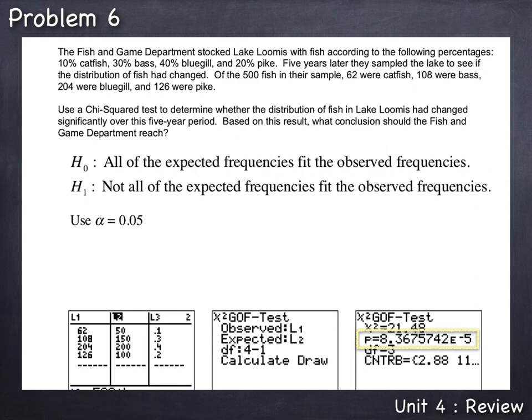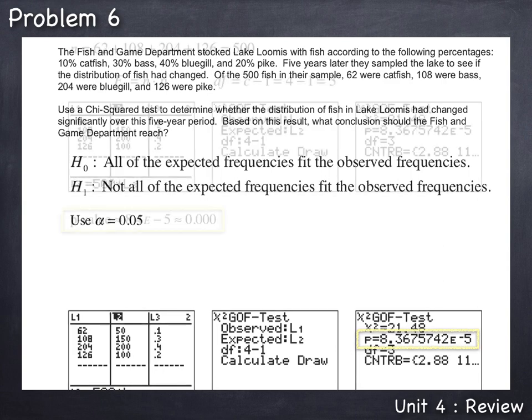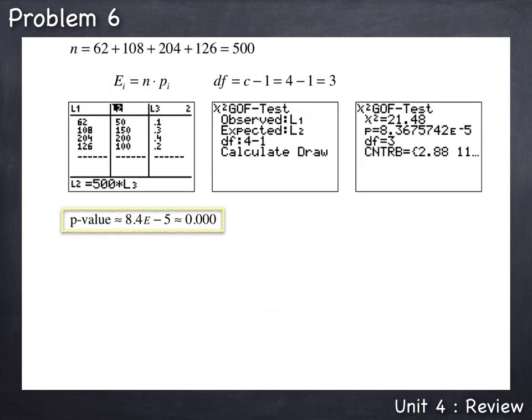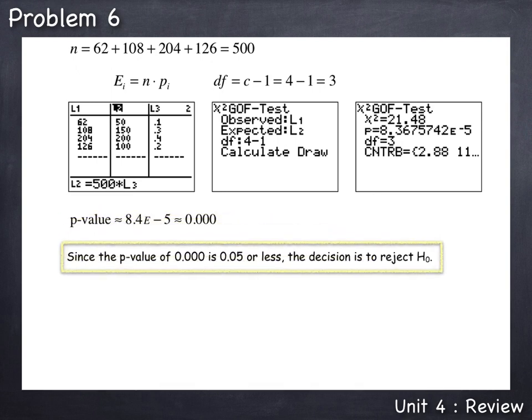And when rounding the p-value probability to 3 places after the decimal, it essentially rounds off to 0. And since the p-value of 0 is less than or equal to the alpha of 0.05, we can make our decision. Since the p-value of 0.000 is 0.05 or less, the decision is to reject H0.